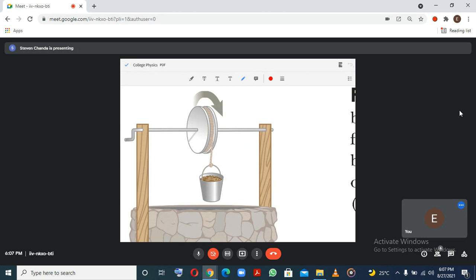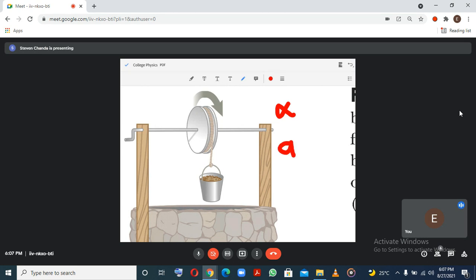The other reason it's important to take note of how that cable has been wound around this reel is because of these two things: angular acceleration and the normal, or linear, acceleration.